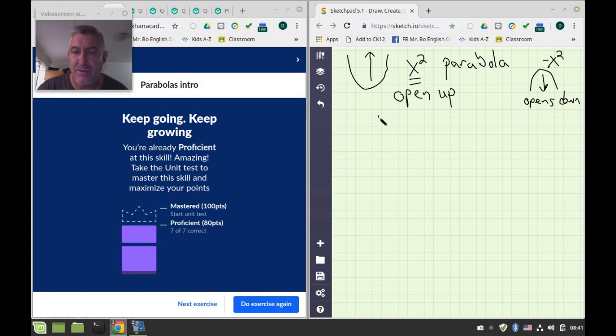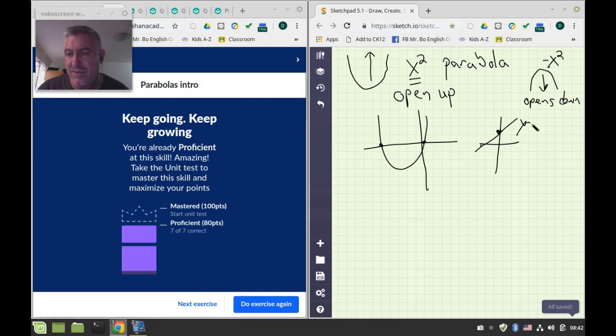The other important vocabulary words that we have here, if this is our coordinate plane, we have some spots here where they cross the x-axis, and you'll remember when we were doing linear equations, we worried about the place that they cross the y-axis, and we called this the y-intercept.